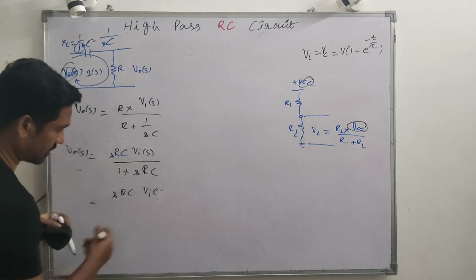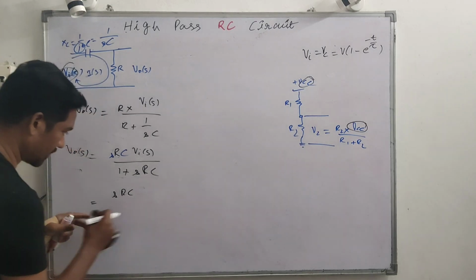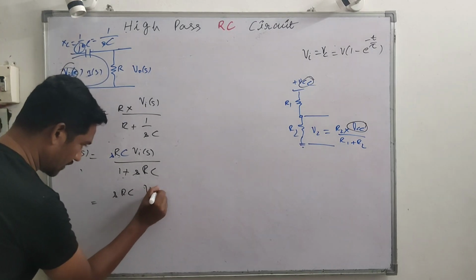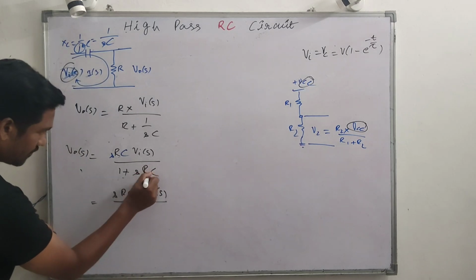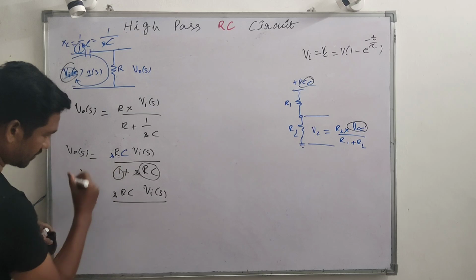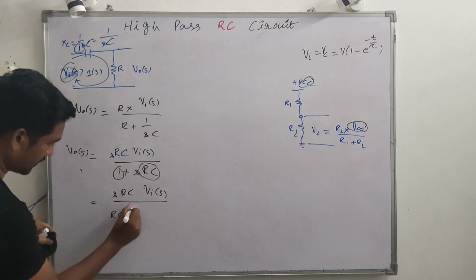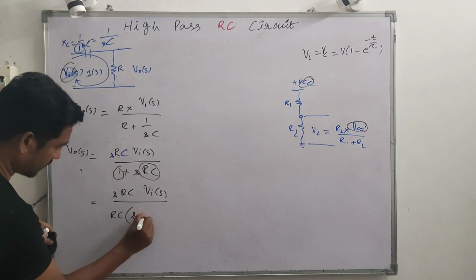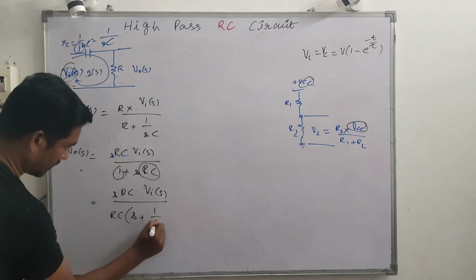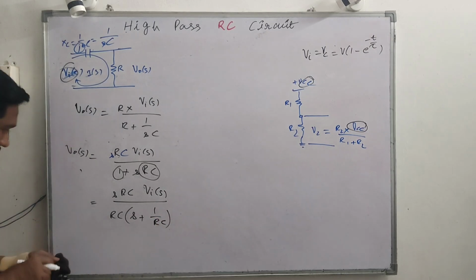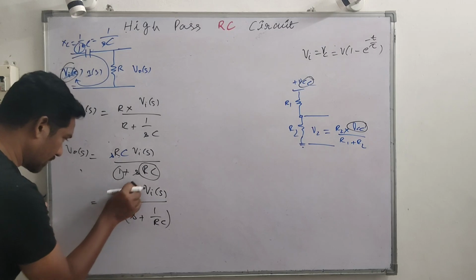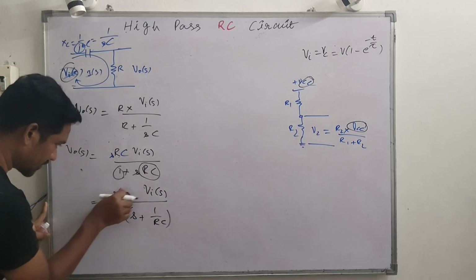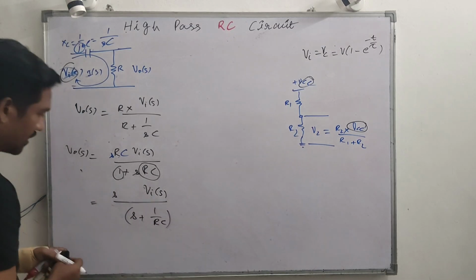Taking RC as common from here and from here also, we are left with s plus 1 upon RC, and this gets cancelled. This exists no more, and this is a more standard representation in the s domain.